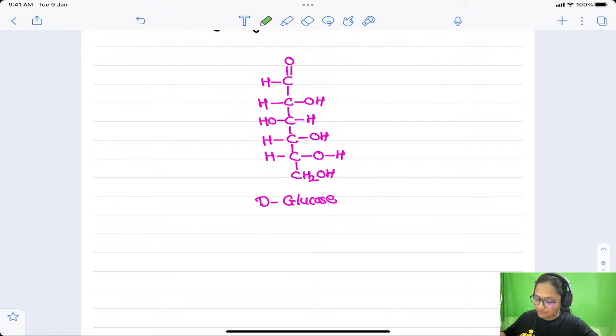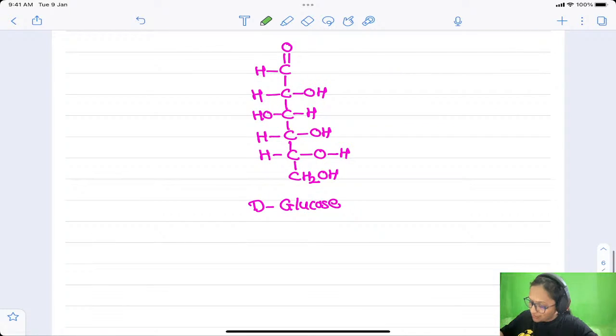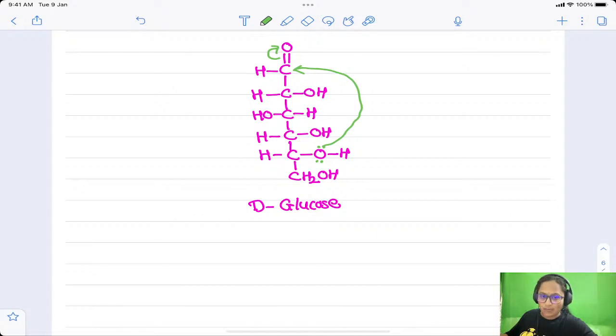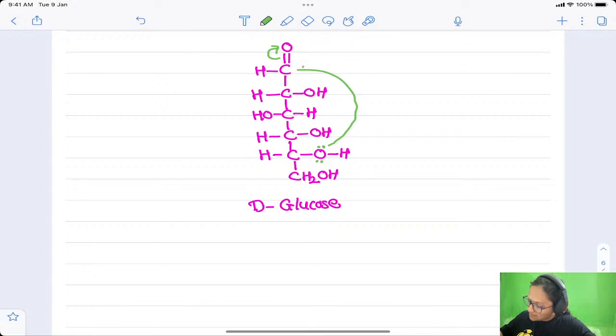As I told you, this will be shifted onto oxygen, and the OH group's oxygen on this anomeric carbon is going to attack this carbonyl carbon, like this, and we will get the product.